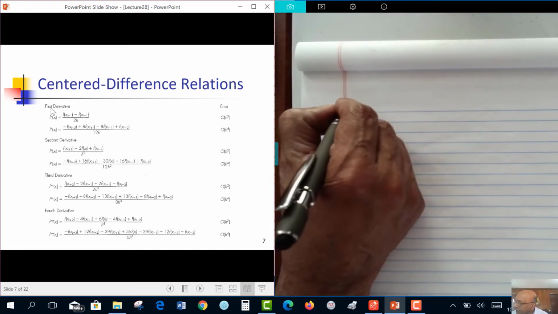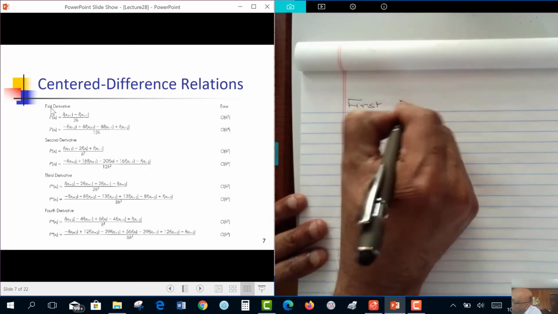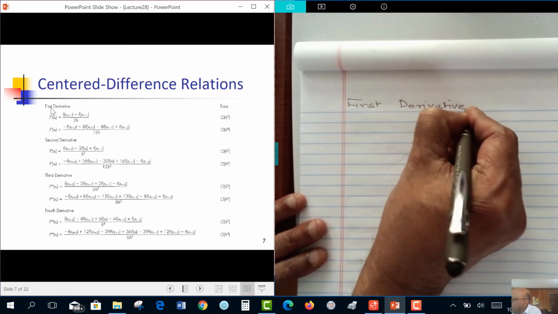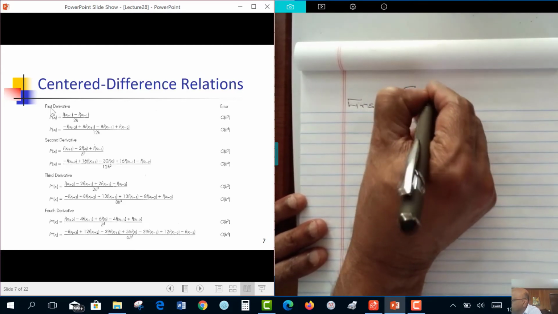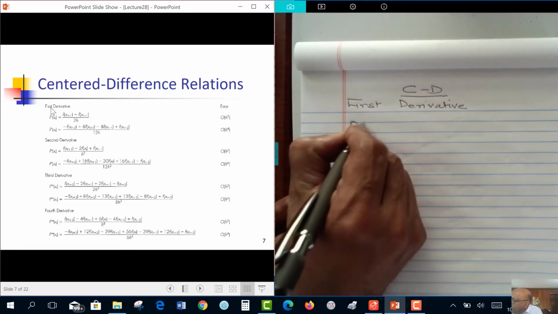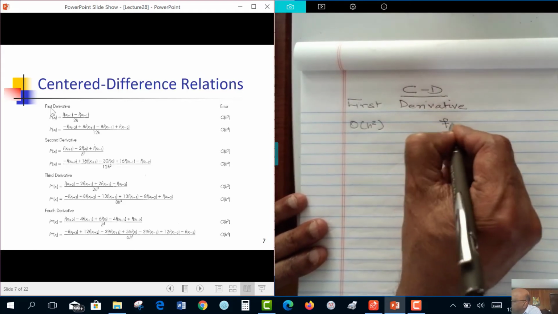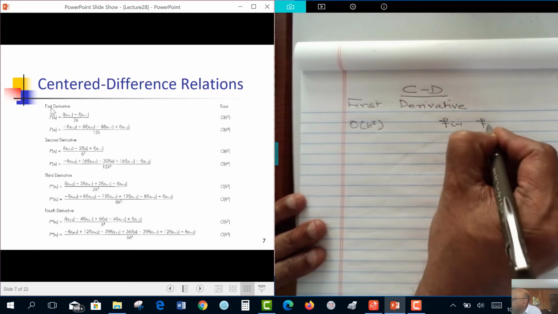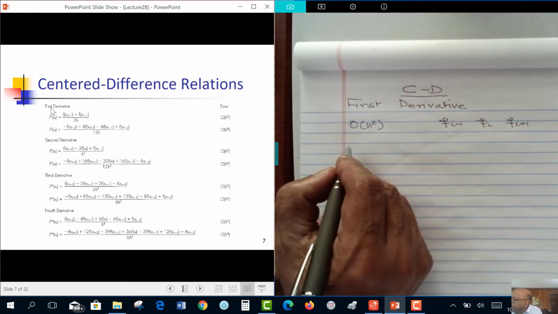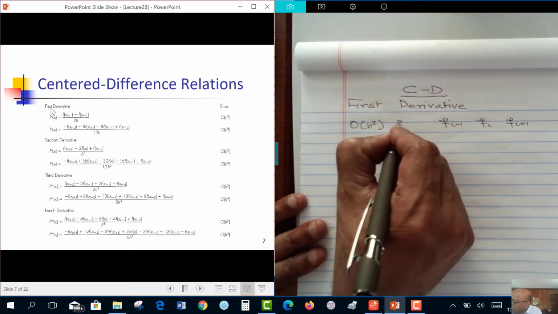When we look at first derivative, remember these are all central difference. The order h squared formula involves f_{i-1}, f_i, f_{i+1}. Even though the formula explicitly doesn't contain f_i, we need to know points on either side.